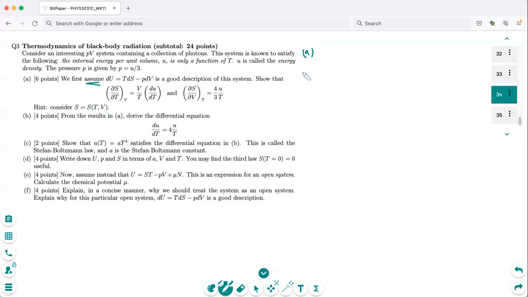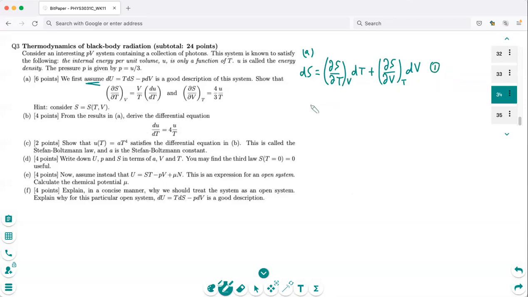So as usual, we will look at what happens to dS when you have dT and dV. Then you have a partial derivative like this, dT plus the partial derivative with respect to V at constant T, dV. Okay, so this is my first expression.